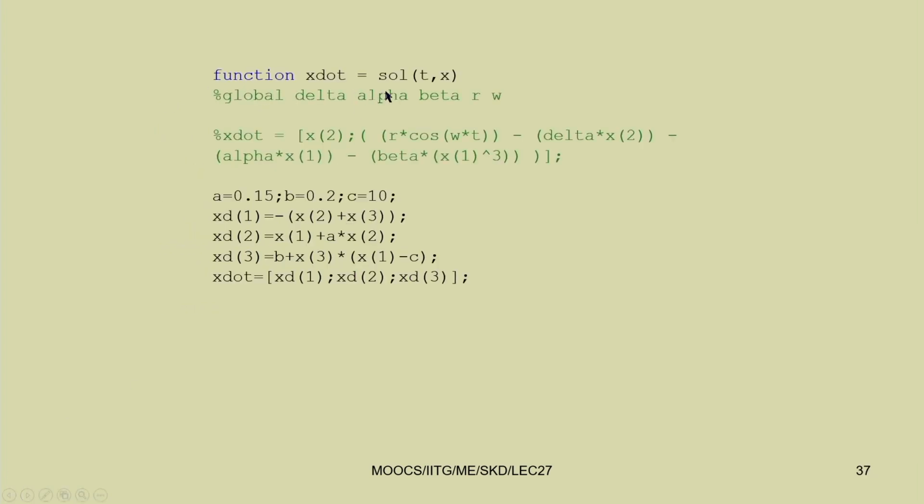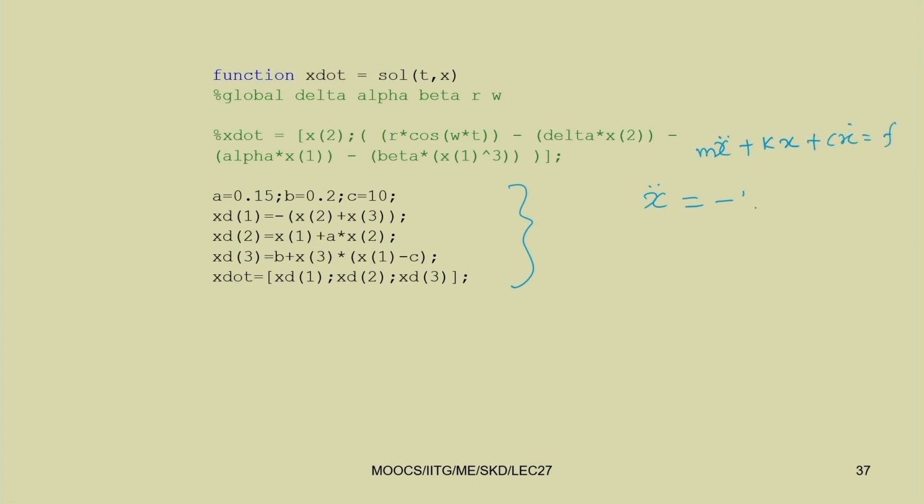This is the function file we have written. You just see, this is the equation, written in first order form. For example, for a simple equation, let me write it in first order form: m x double dot plus c x dot plus k x equals f.